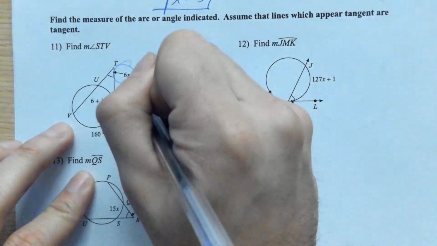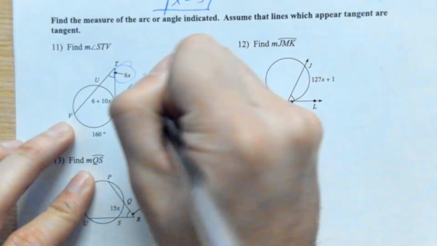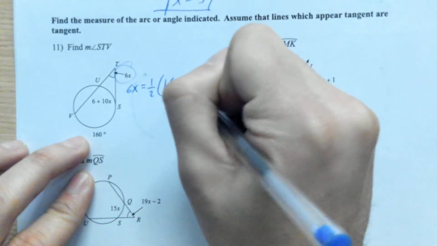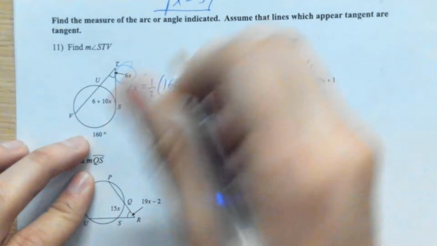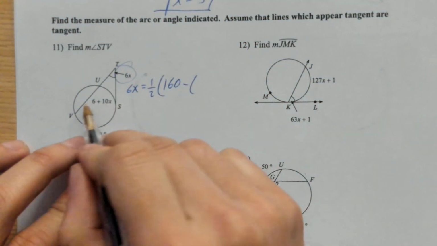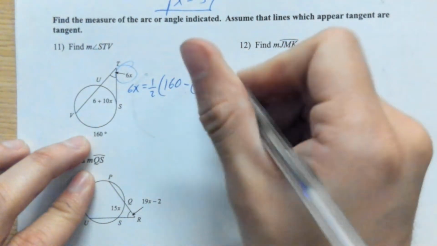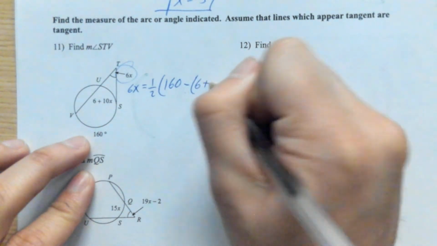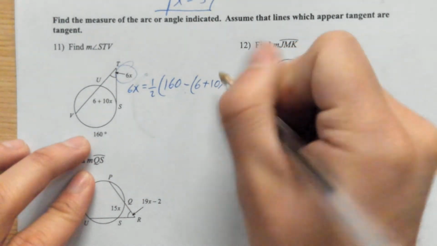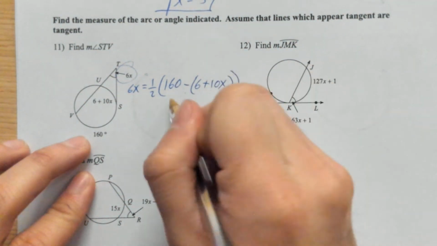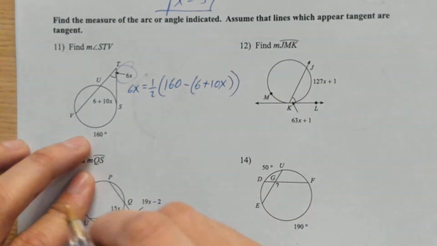The angle outside sets x is equal to 1/2 the outer angle, 160, minus the inner angle. When there's more than two terms, I like to put the terms in parentheses, especially if there's a minus. So 6 plus 10x, then close the parentheses for this one, and then you need to close another parenthesis for the outer ones.